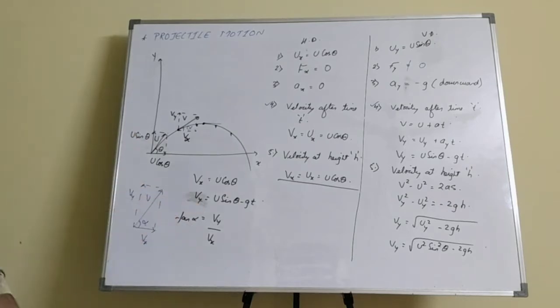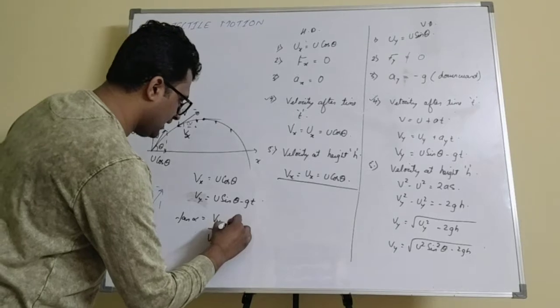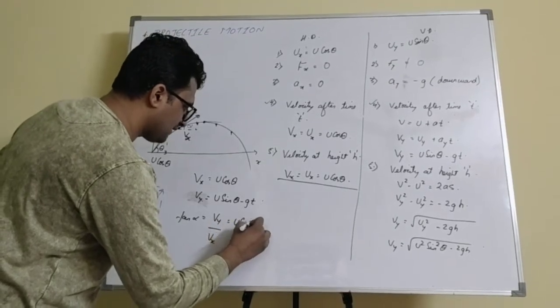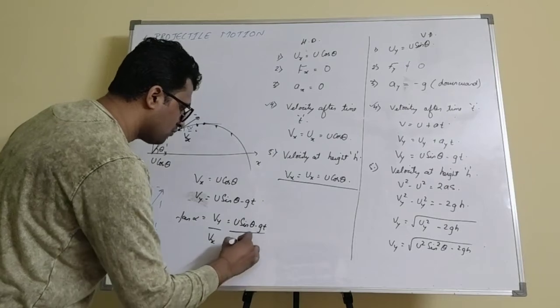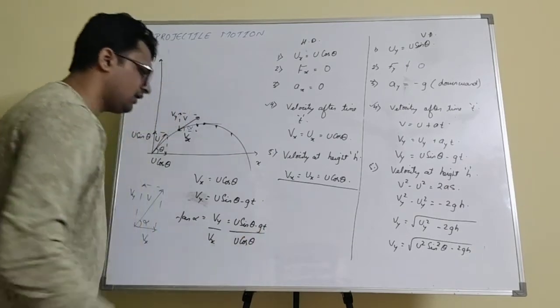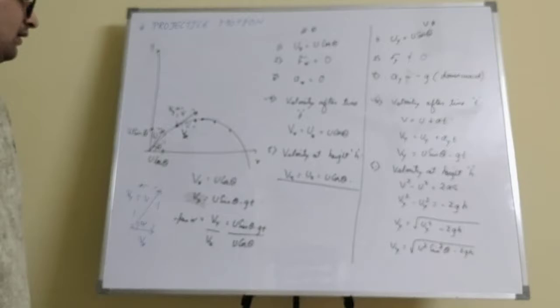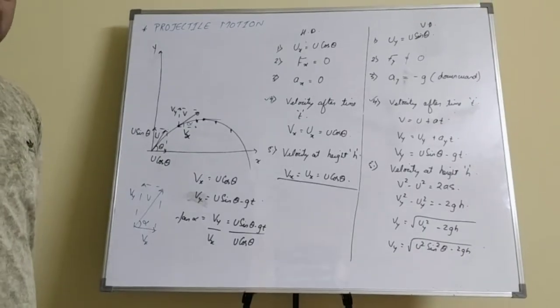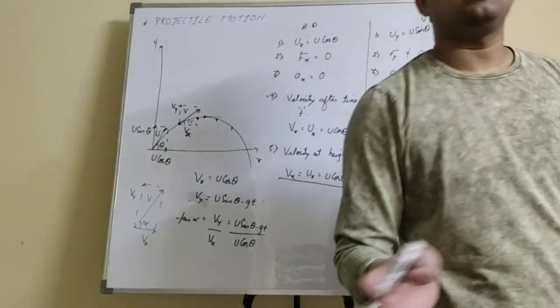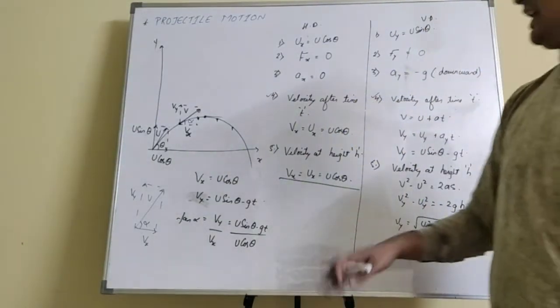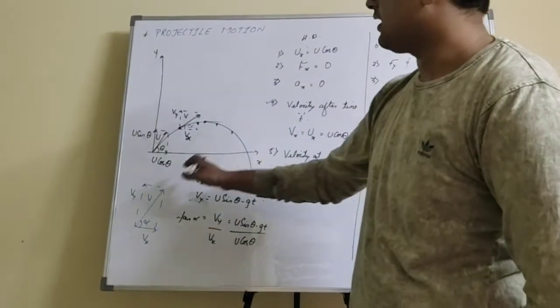So vy by vx is u sin theta minus gt divided by u cos theta. Any problem with that? So if they ask you the angle made by the projectile after time t, we can use such an equation.